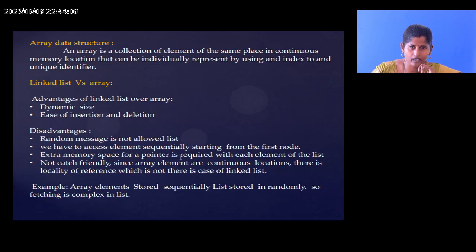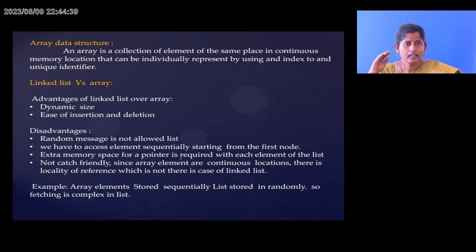Not cache friendly. Since array elements are in continuous locations, there is locality of reference, which is not there in the case of the linked list. In the linked list, the nodes are stored in different locations of your memory. For example, if the first node is A, the second node is B, and the third node is C, the A node has the address of the B node.